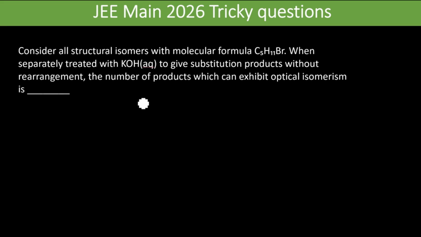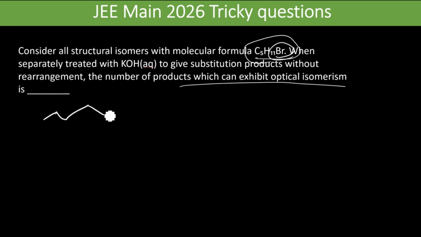All structural isomers with molecular formula C5H11Br are separately treated with KOH to give the substitution product without rearrangement. The number of products which can exhibit optical isomerism? Okay, so this will undergo direct SN2 and the Br position will get occupied by OH, right? So let's start from 1-bromopentane.